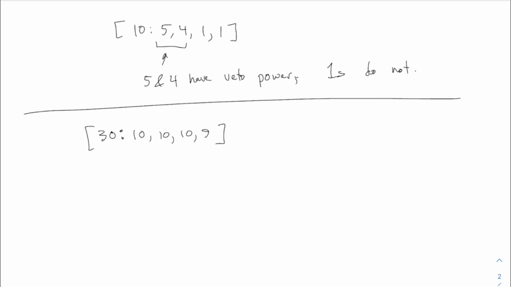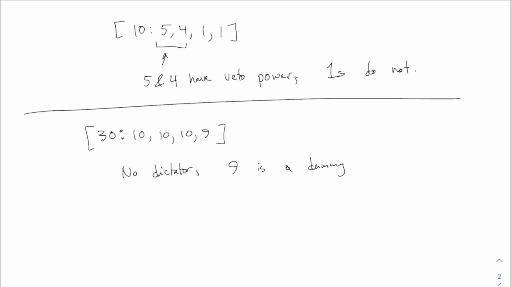Actually, the 9 has no power at all in this case. If you think about how you could make it to 30, there's no scenario in which the 9 actually matters. So there's no dictator. The 9 is a dummy because there's no way that 9 can matter.